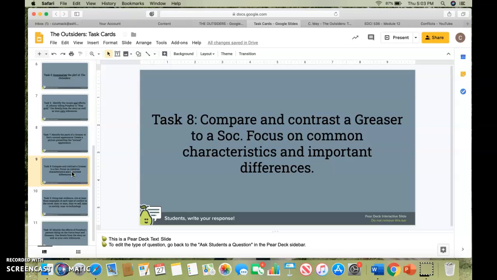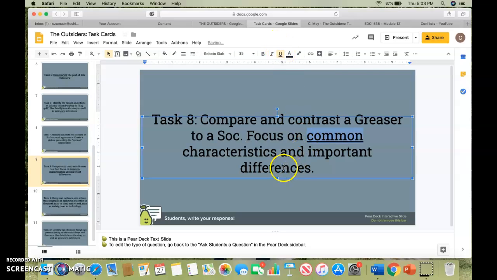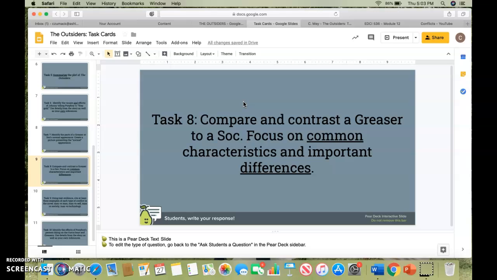Right after that, task 8: compare and contrast a greaser to a Soc. Literally comparing and contrasting this time. I want you to focus on common characteristics and important differences. Compare, seeing what's in common, and contrast, finding those differences.